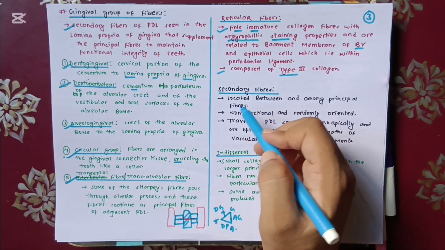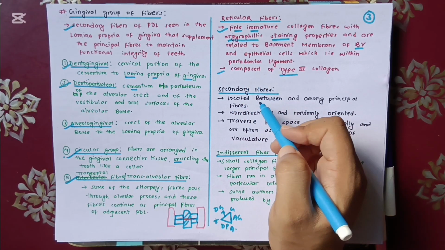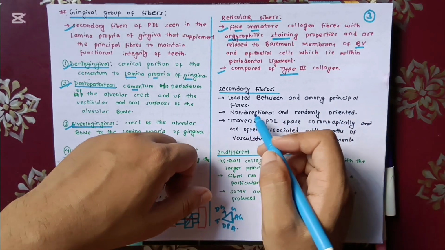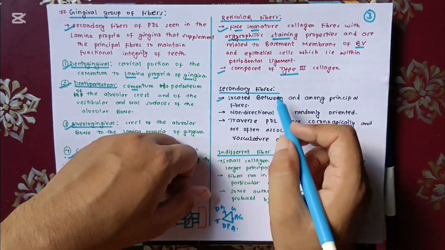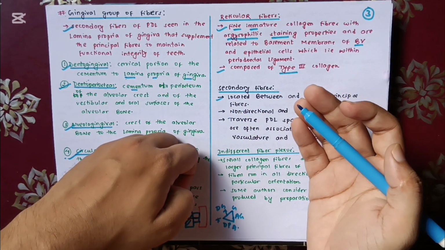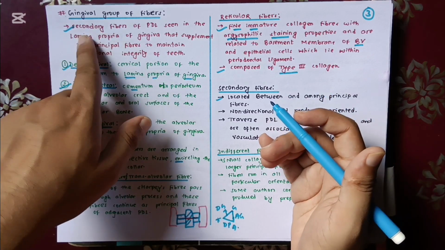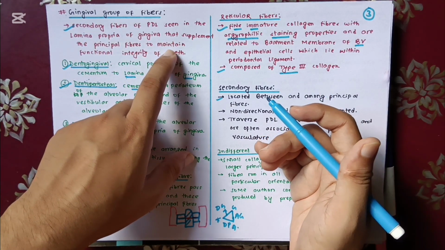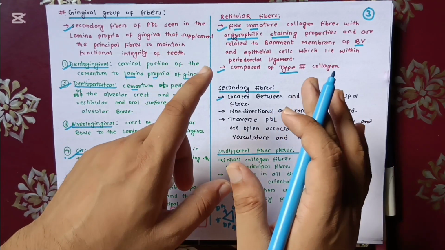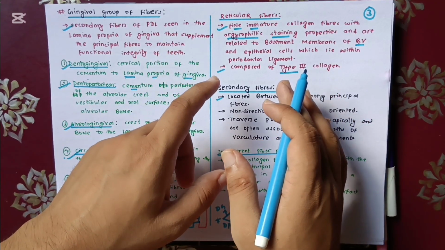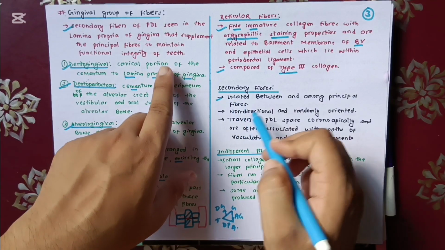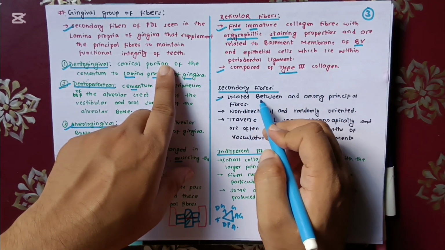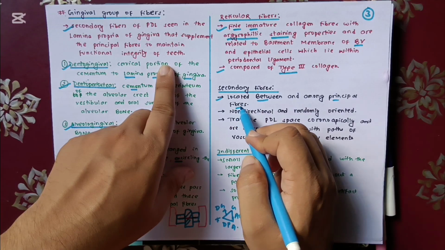Our next fiber is the secondary fiber. It is located between and among the principal fibers. Secondary fibers are secondary to the principal fibers, as the gingival group of fibers were also, and they supplement the functions of the principal groups of fibers.